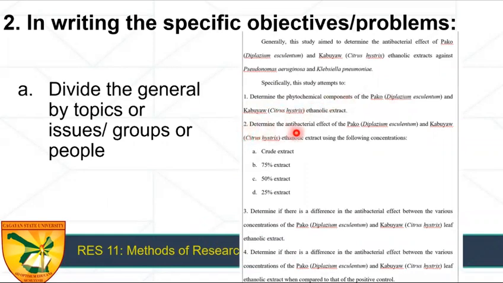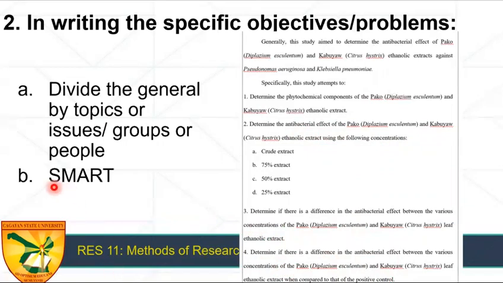Number two, determine the antibacterial effect of pako and kabuyaw. Number three, determine if there's a difference in the antibacterial effect between the concentrations of pako and kabuyaw. And fourth, determine if there's a difference in the antibacterial property between the various concentrations of pako and kabuyaw ethanolic extracts when compared to that of the positive control.